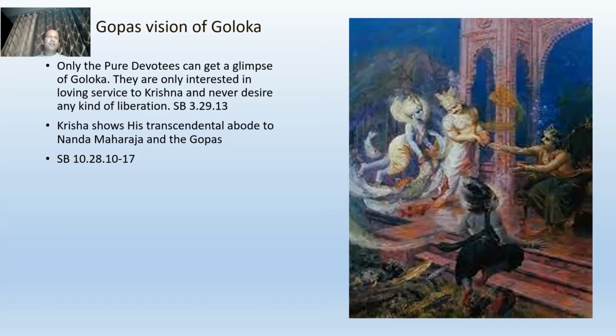So here in the third canto, 29th chapter, when Bhagavan Kapila is instructing his mother Devahuti, he quotes this: Salokya Sashti Samipya Sarupyaikatvam Diyamanam na grihnati vina mat sevanam jana.